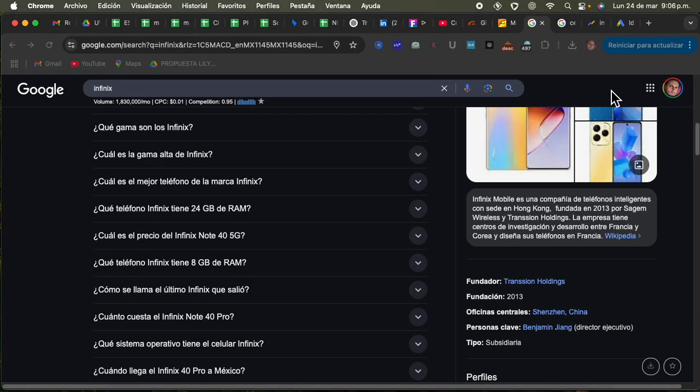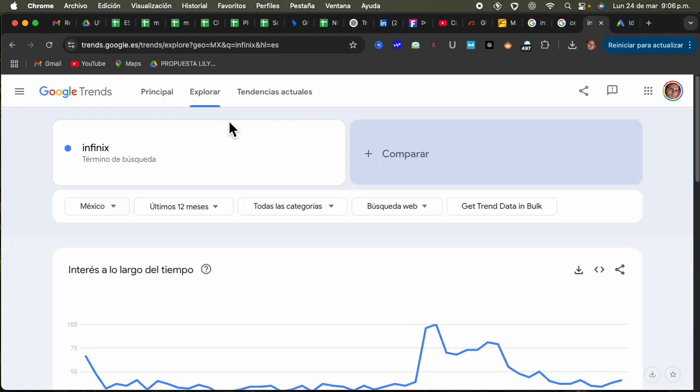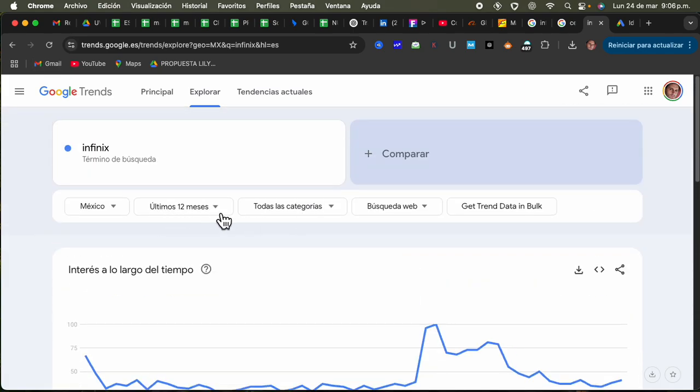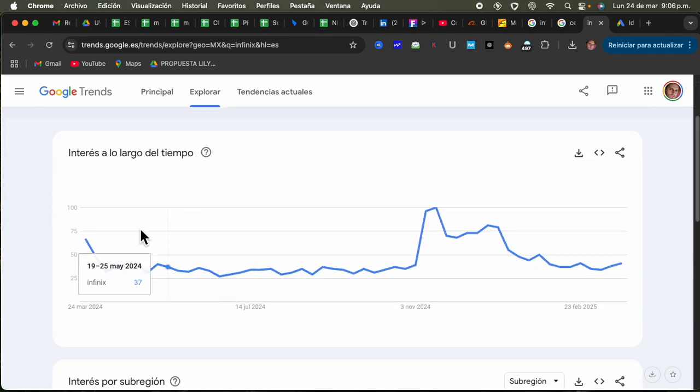And also in Google Trends, I searched for Infinix to see in the last 12 months how much interest it has had over time, from March to February. In November we have an increment here, and then it starts getting a little bit down.